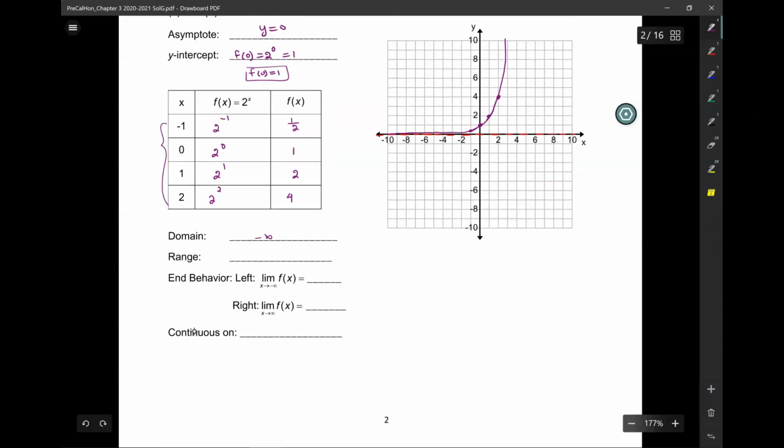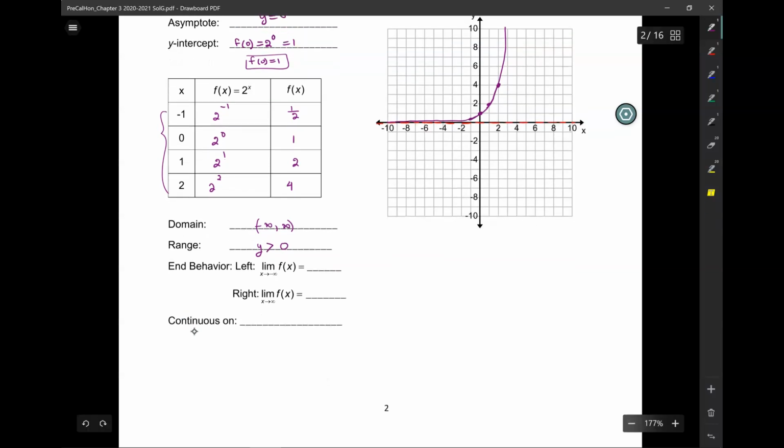Domain, there is no reason to think about it. For all exponential functions, it's all real numbers. Range is either going to be y is greater than or less than the asymptote. The asymptote was at 0. Since this is sitting on top of the asymptote, it's greater than. End behavior. As x approaches negative infinity, the limit is 0. Positive infinity, it's infinity.